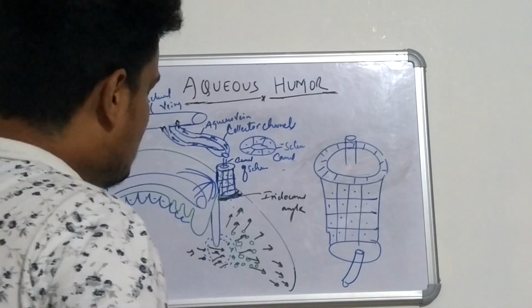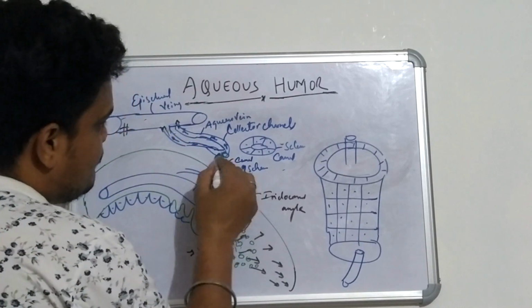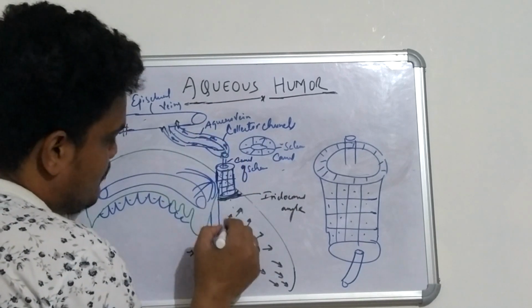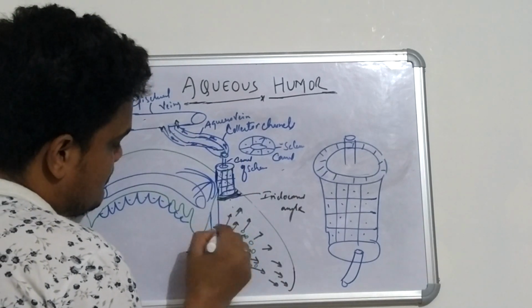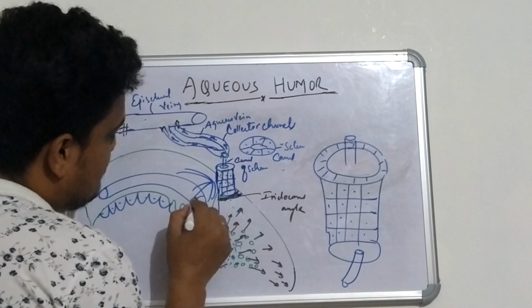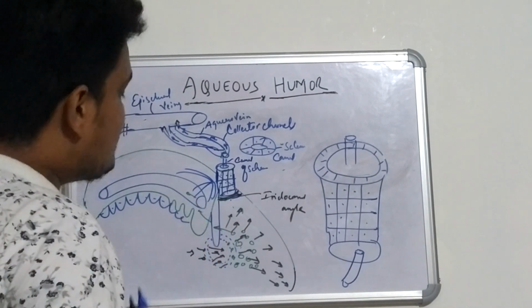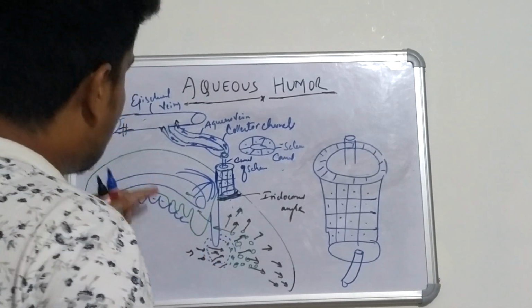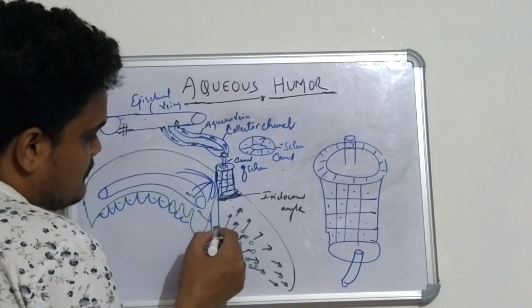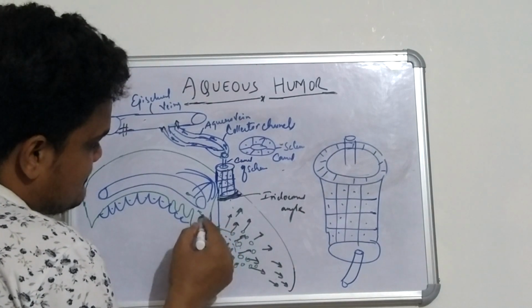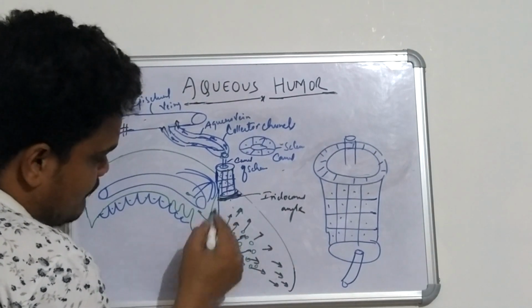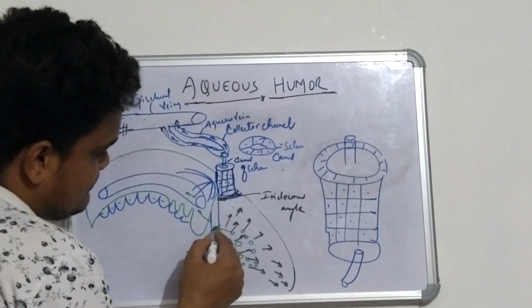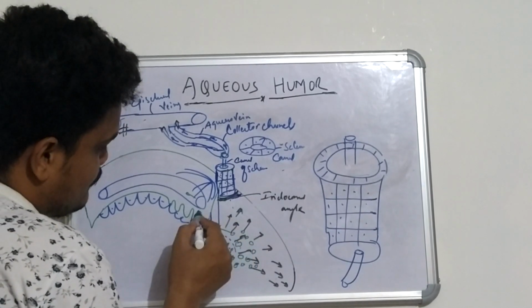That is fine. But if there is a problem, there is an alternative pathway which is called the uveoscleral pathway. So what happens in the uveoscleral pathway? The aqueous will pass through the iris, which is semi-permeable to the aqueous humor.